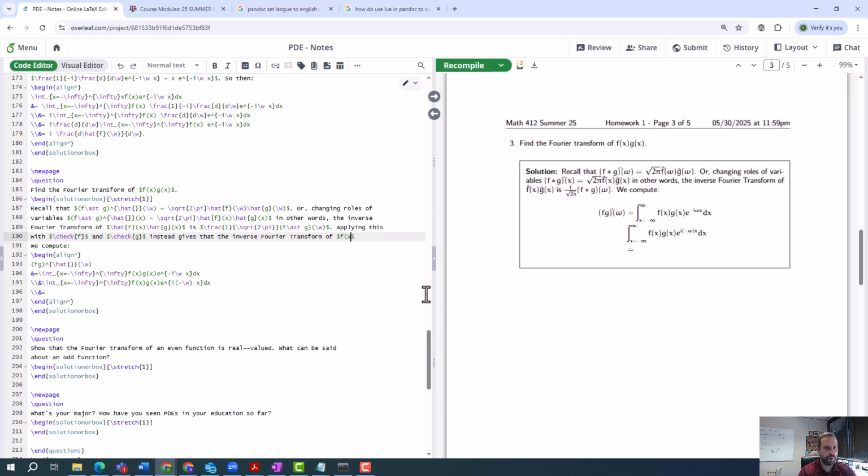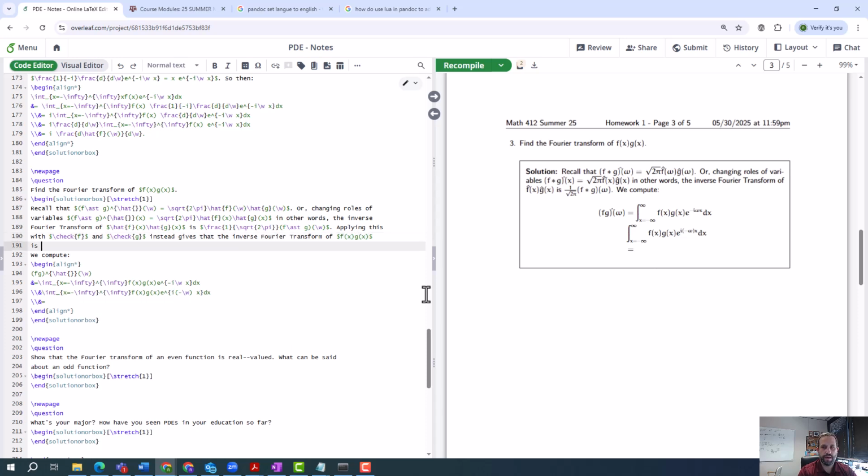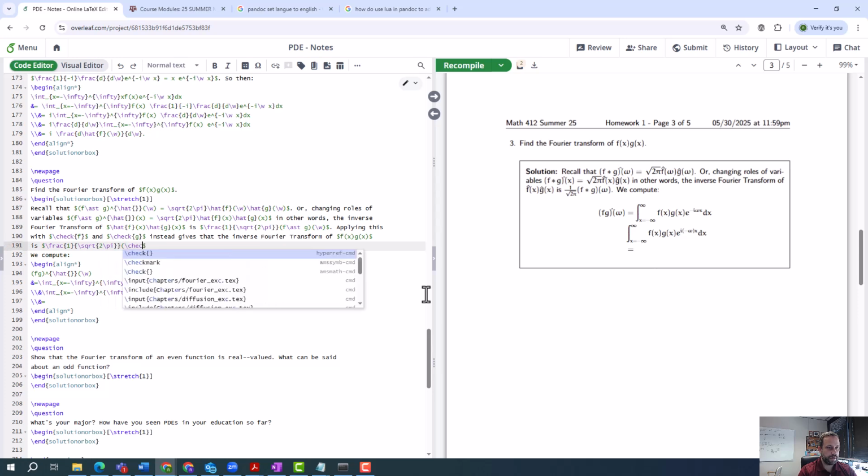So the inverse Fourier transform of f of x, g of x is going to be equal to 1 over the square root of 2 pi times the convolution of f check and g check of omega.